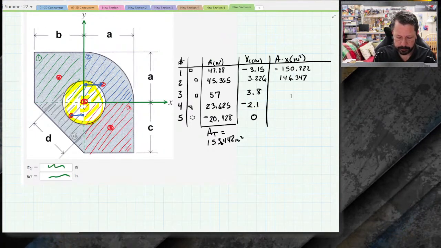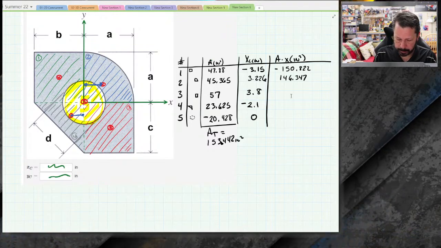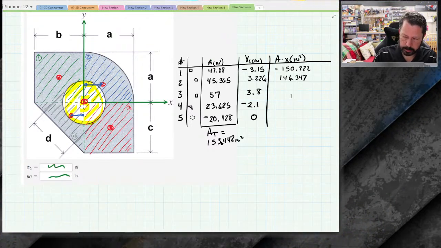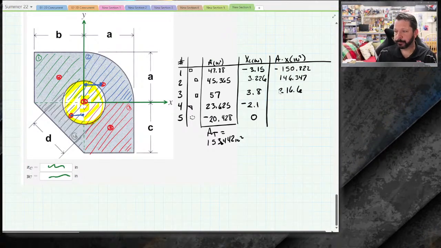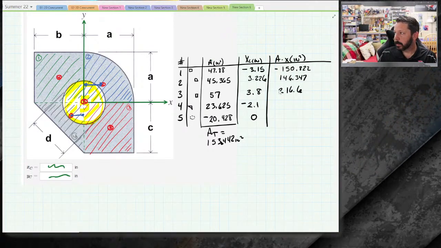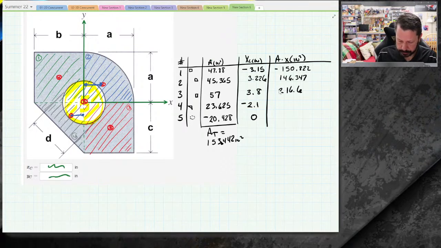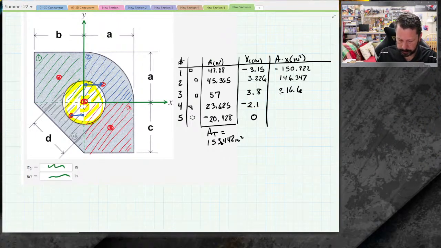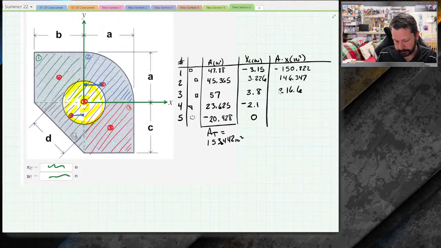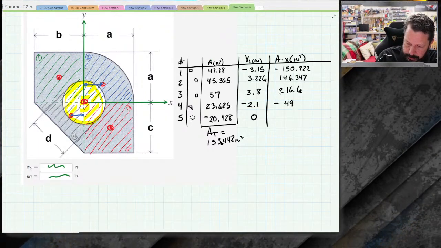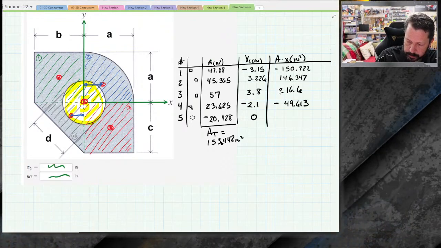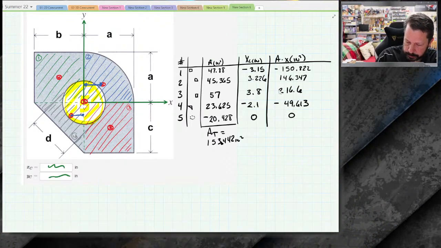Okay, 57 times 3.8, 216.6, and 23.625 times negative 2.1 is negative 49.613. Anything times 0 is 0.